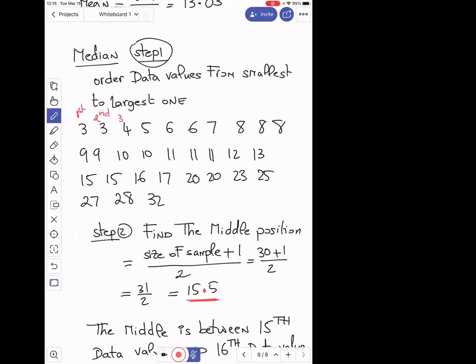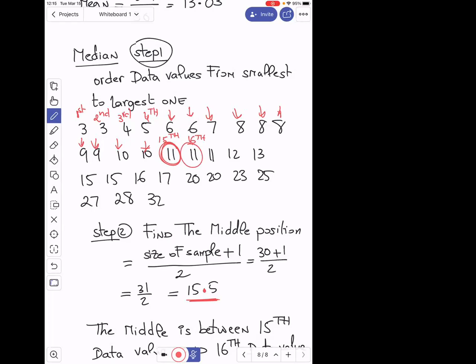This is the third, this is the fourth, fifth, sixth, seventh, eighth, 9th, 10th, 11th, 12th, 13th, 14th, and this 11 is in the 15th position. Then the next 11 is the data value in the 16th position.